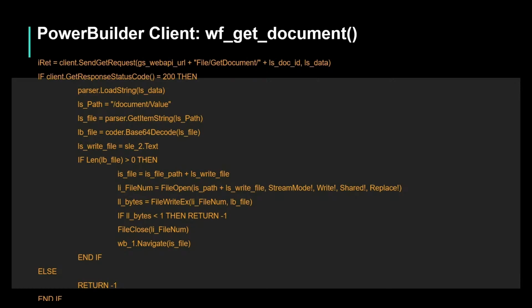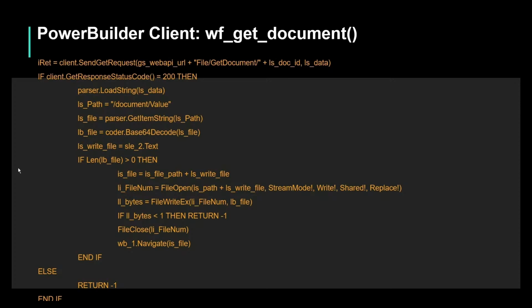So in this case, getting a document, we kind of kick off the process by instantiating a REST client object, calling the send get request method with a URL, passing in the ID, and if all goes well, we're going to parse out the value of the binary data, and then decode that using base64 decoding.